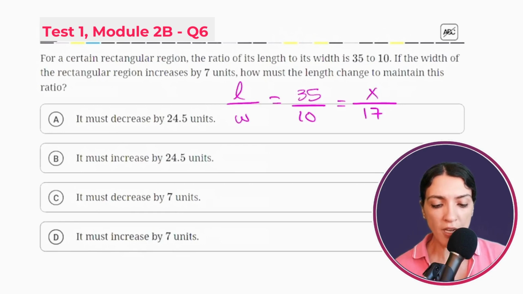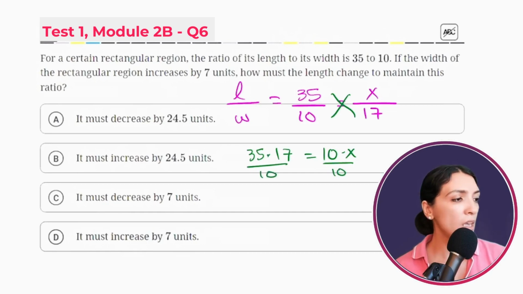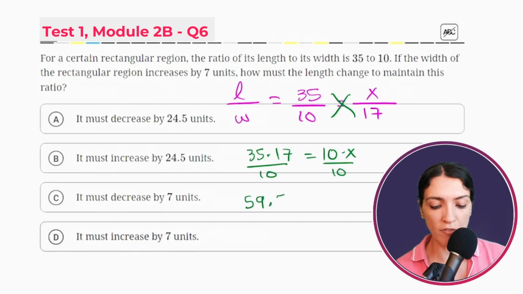So let's find the new length. That we can solve by cross multiplication now that we've set up this ratio. 35 times 17 would equal 10 times x. In order to solve for x, we would divide both sides by 10. And we can compute this in a calculator, which would give us 59.5 equals x.